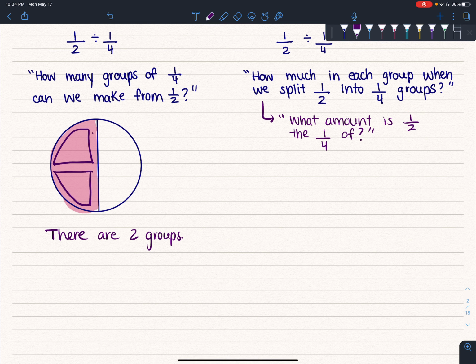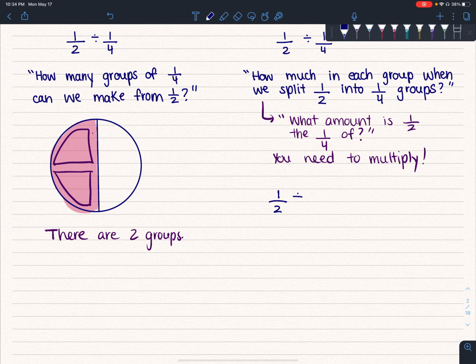So how do you reverse this? How do you figure this out? Well, you have to do the opposite. You need to multiply. And this is exactly the reason why these are equivalent statements.